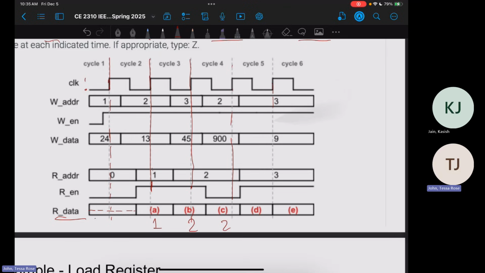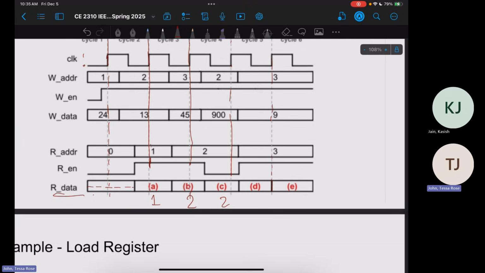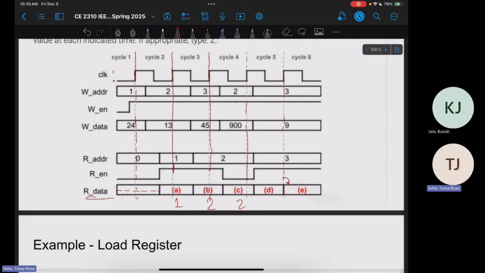Cycle 5: I know it's right at the intersection. Let's just assume it's E, because it's right at the intersection.